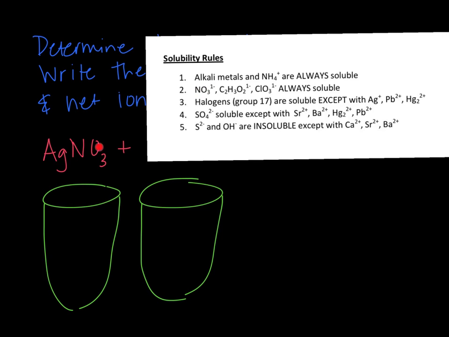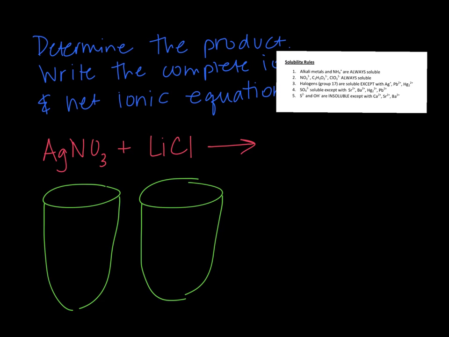And so this will dissolve. And when it dissolves, we're going to make one silver ion and one nitrate ion. Of course, you'll have way more than that, but you get the point. It'll be 1-to-1.